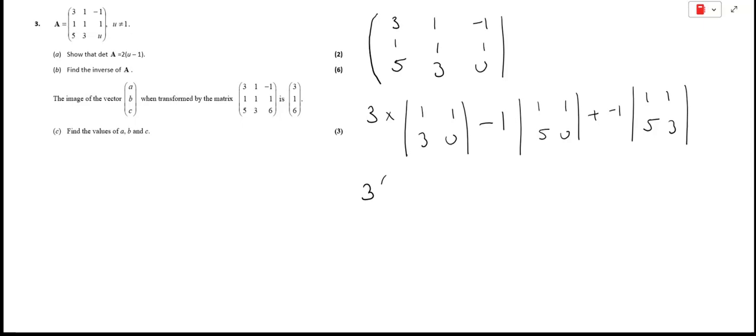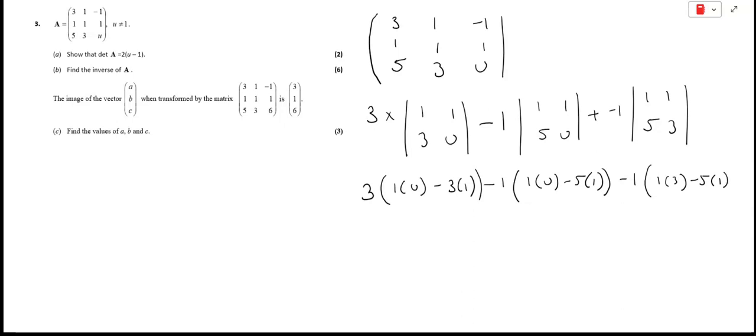And that will give us 3 times 1 times u minus 3 times 1, minus 1 times u minus 5 times 1, minus 1 times 1 times 3 minus 5 times 1.